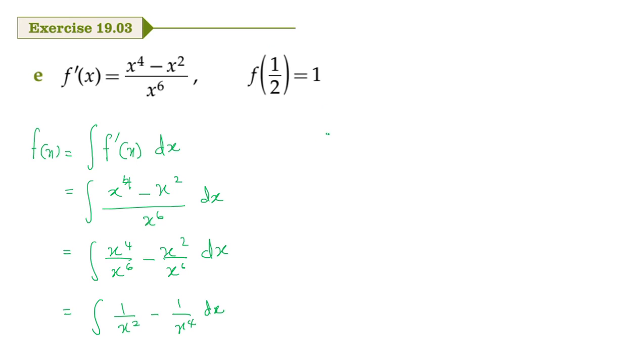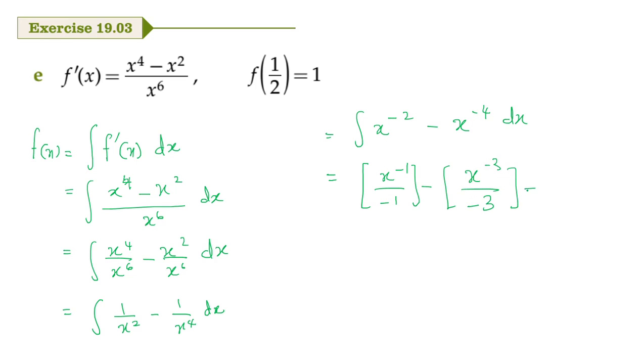Okay, next bring up, easier to integrate. Okay, so therefore remember negative 2 plus 1 is negative 1 divided by negative 1, minus, okay, put bracket over here, minus x, negative 4 plus 1 is negative 3 divided by the new power, and don't forget to put plus c. Right, okay, now simplify further.